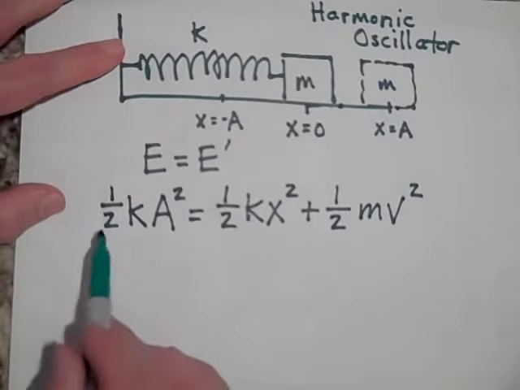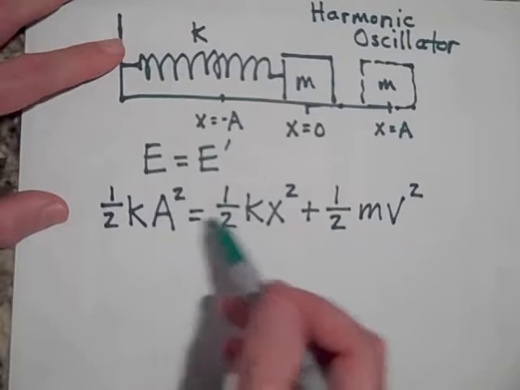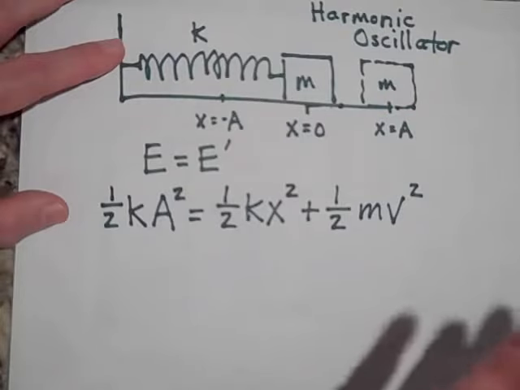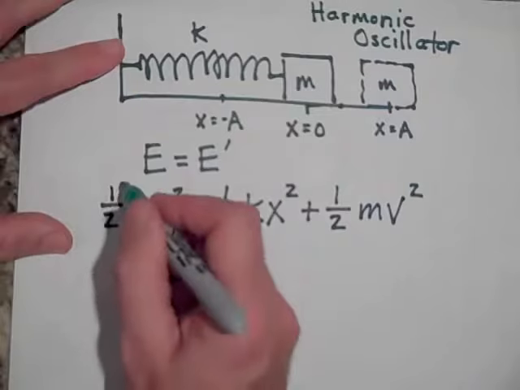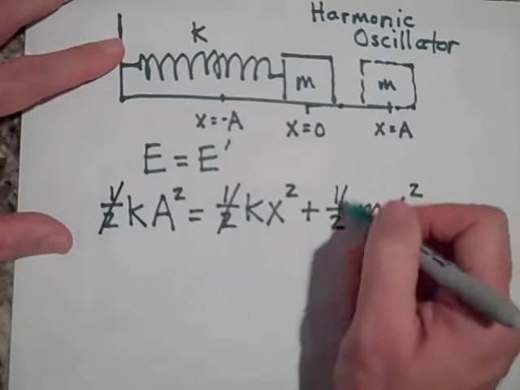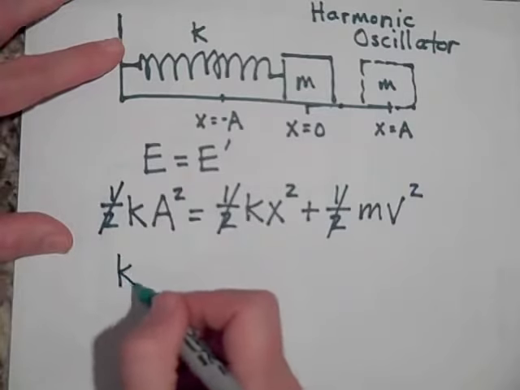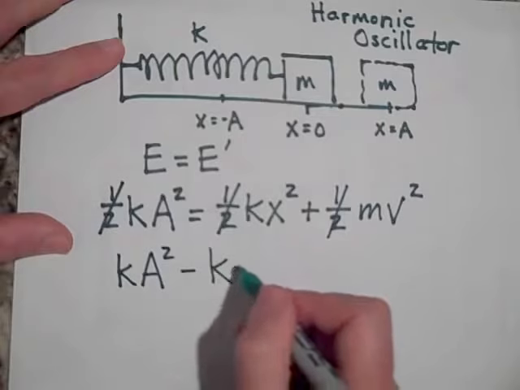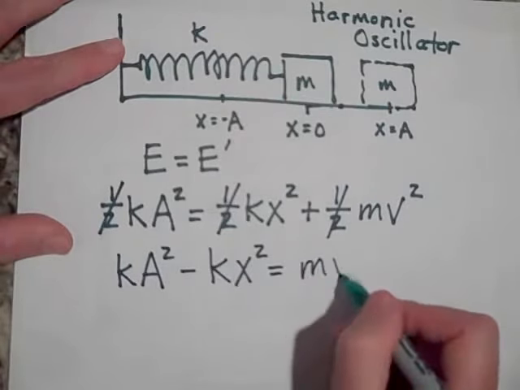Since there's a half in each term, we can multiply each term by 2, and then maybe solve for v. Let's do that. Let's get rid of the half, and let me bring this to the other side. So kA squared minus kx squared is equal to mv squared.